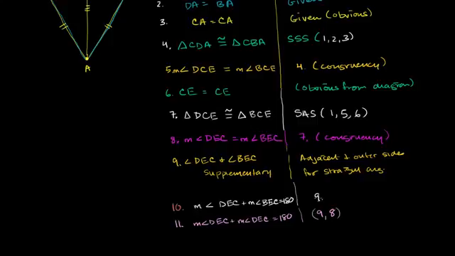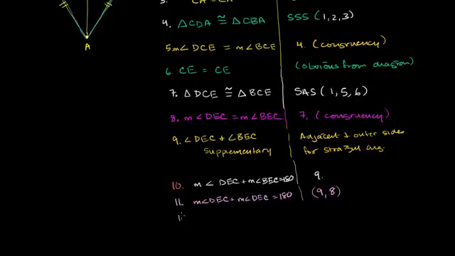We essentially just took statement 9 and substituted that the measure of BEC is the same as the measure of DEC. And so then, statement 12, we could say measure of angle DEC is equal to 90, which is equal to the measure of angle BEC. And this comes once again straight out of points 11 and 8.